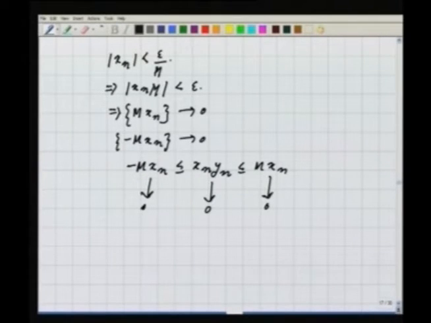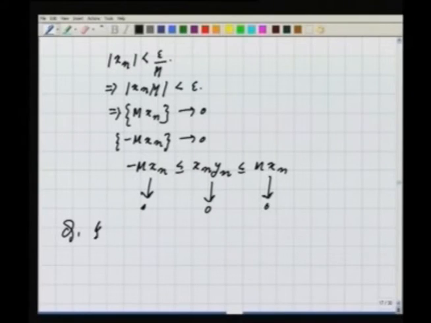Now, using this result, you can construct many more sequences out of just one sequence so that they converge to 0. You just choose yn to be a bounded sequence and go on multiplying it with xn, and you get a sequence which converges to 0. The next thing we want to ask is, what is so special about this 0?